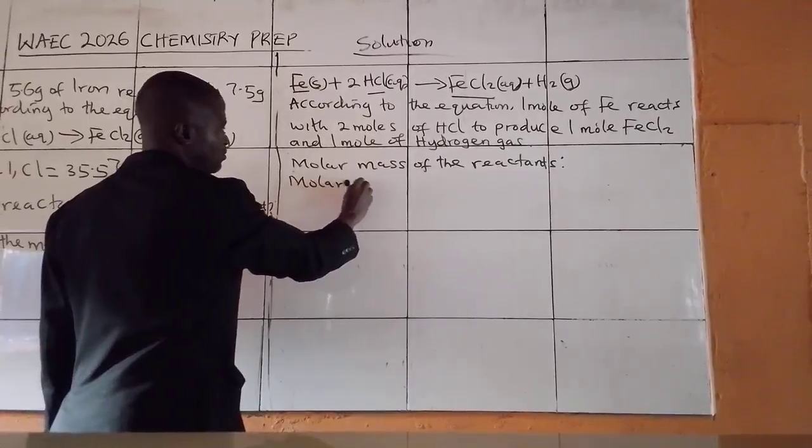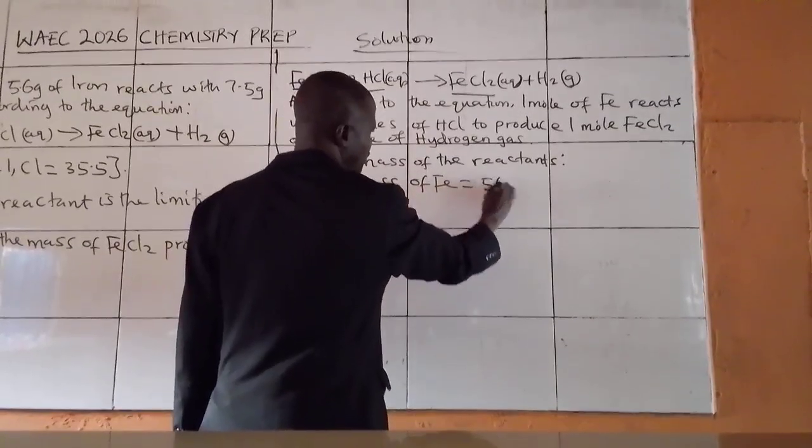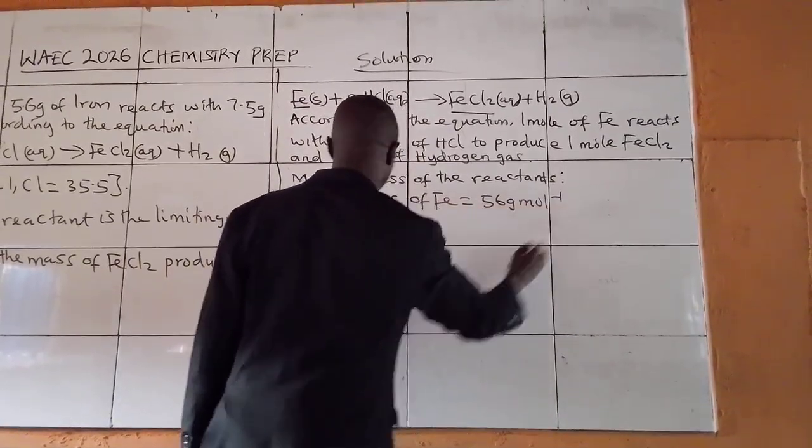Molar mass of iron is equal to 56 gram per mole.